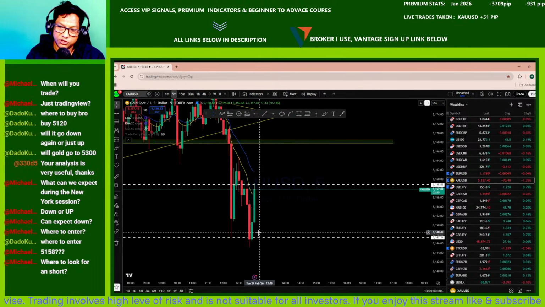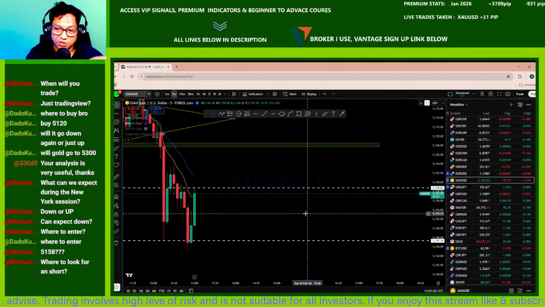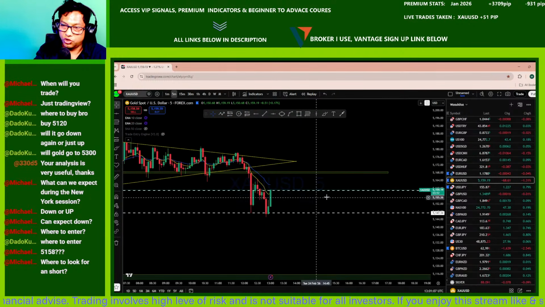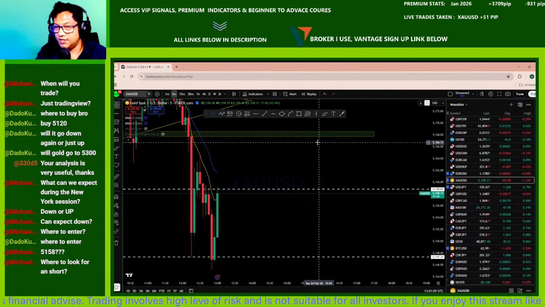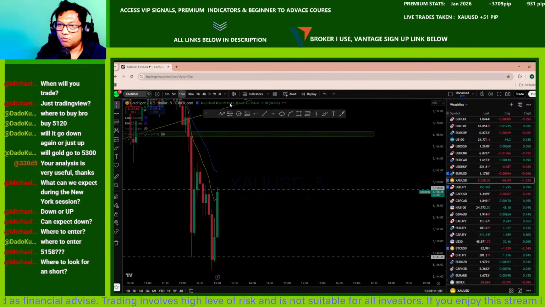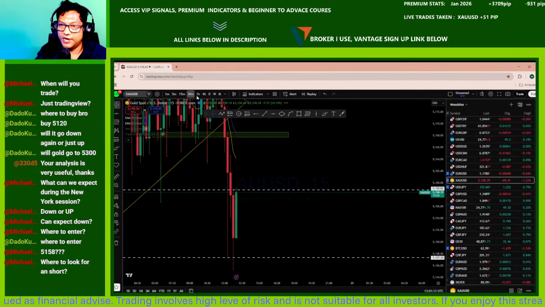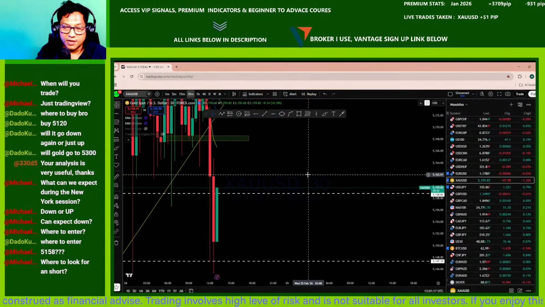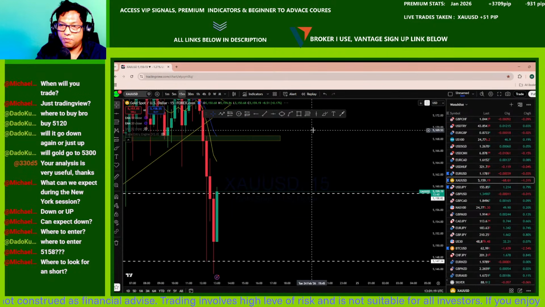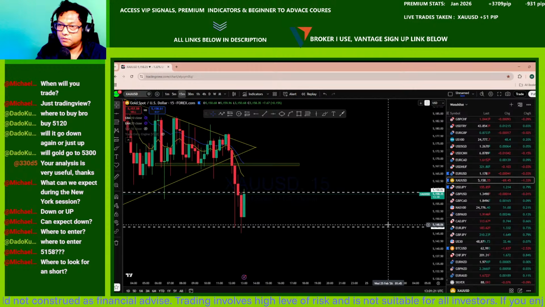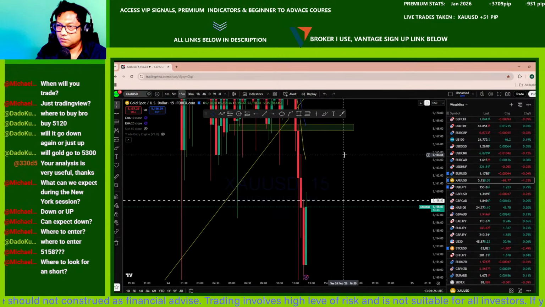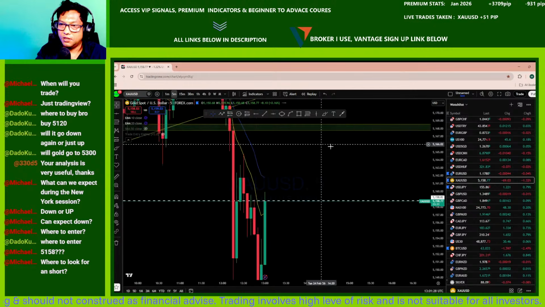Now you can see after a short move again, the price has reverted back in the direction of that trend here, and therefore here we're looking to see the market break that high and then return again back below. Here's the key level that we're looking at.